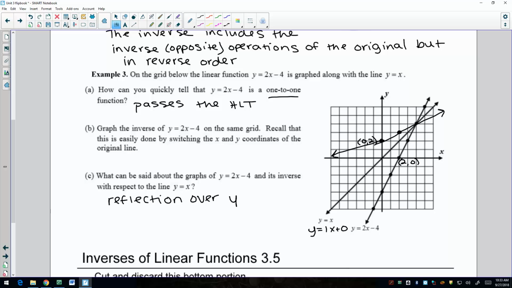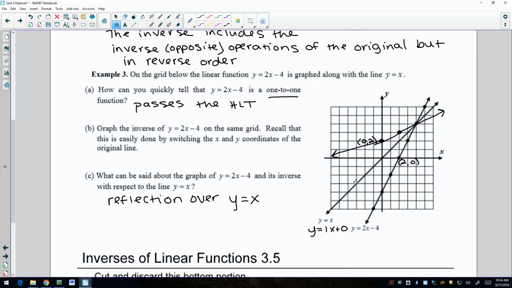If you were to fold your paper on this line, your original line would match up with your inverse line. So that is how to quickly tell graphically if you graphed the inverse correctly. Does it look like the inverse is a reflection of the original over this diagonal line y equals x?